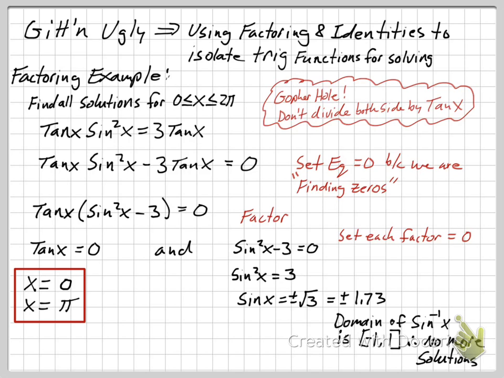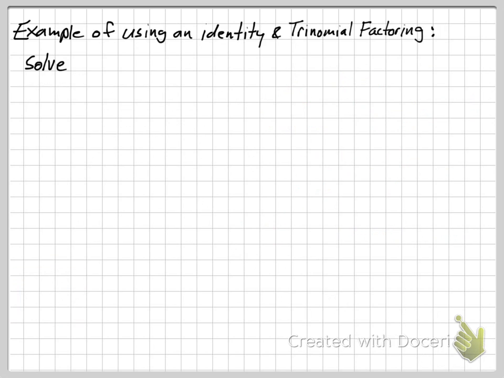There is no angle whose sine is root 3 or negative root 3, because the sine is going to go from -1 to +1. Think about the sine function. It fluctuates from +1 to -1. All right, so we just have two answers. Okay, let's take a look at the next problem then.